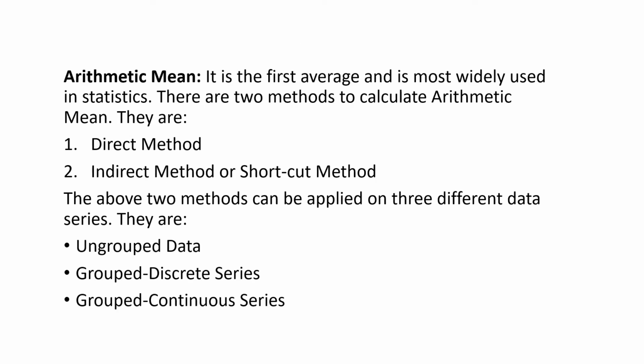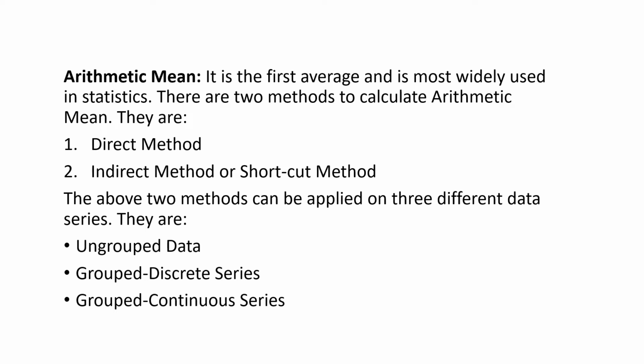Arithmetic mean is the most popular method of calculating average. It is calculated by dividing the sum of all observations by the number of observations. There are two methods to calculate arithmetic mean: direct method and indirect method.